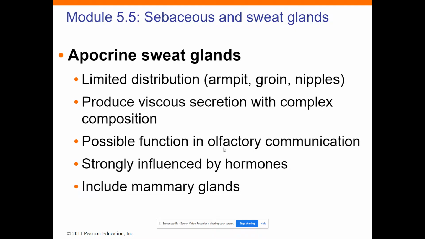So these are strongly influenced by hormones. Usually, you don't start getting armpit sweat until you start going through puberty, and then it's going to smell more, and that's why people use deodorant. So these 3 areas are highly connected to puberty and hormones. So these apocrine glands are very influenced by your hormones, and they're also in the mammary glands as well.